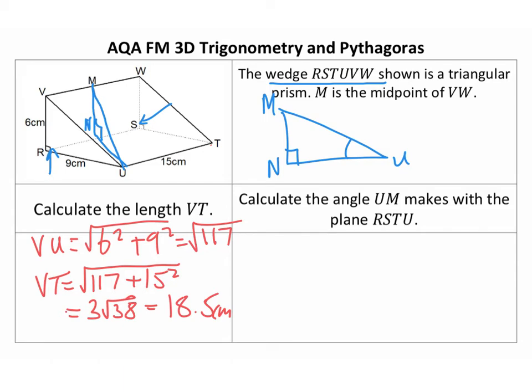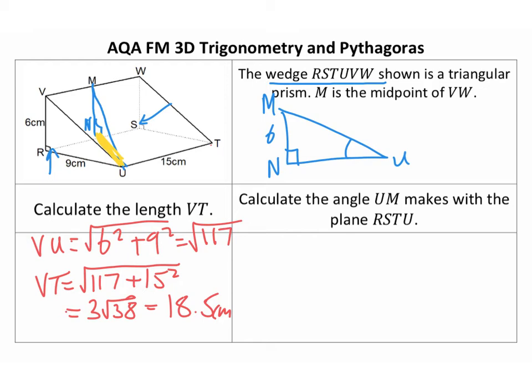Now, we know this height is 6. We've got to work out this length NU, which is this one here. I'll do that in yellow quickly, and I'll do it up here so I've got some space.